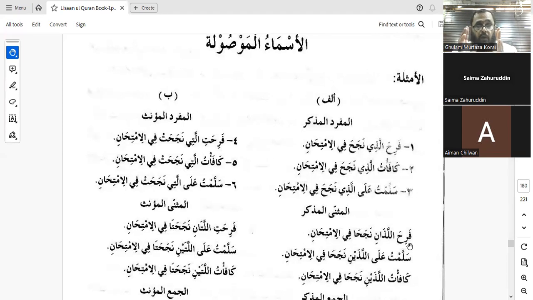Then, before going to further division, all of them are mabni, they are not morab, because they don't change their forms except for 2. What are those? Muthanna mudhakkar and muthanna muannas.